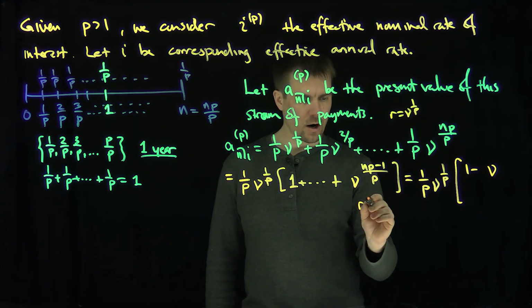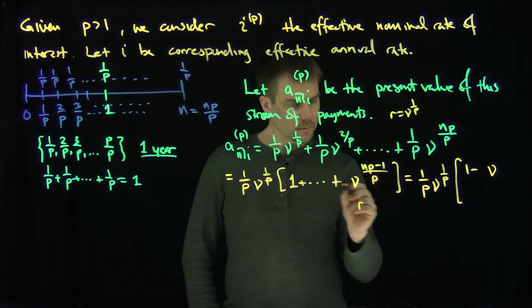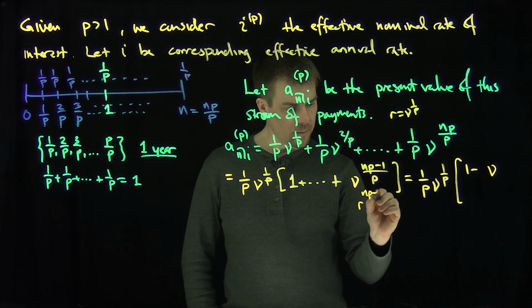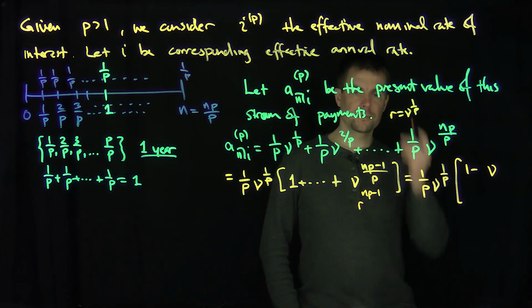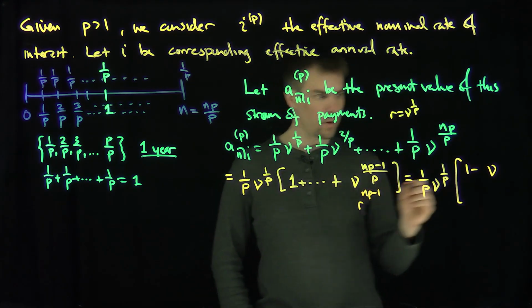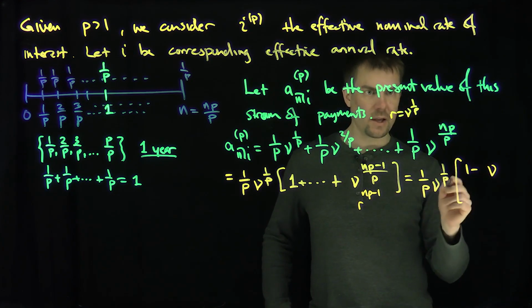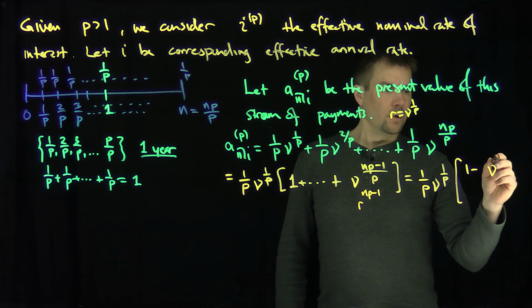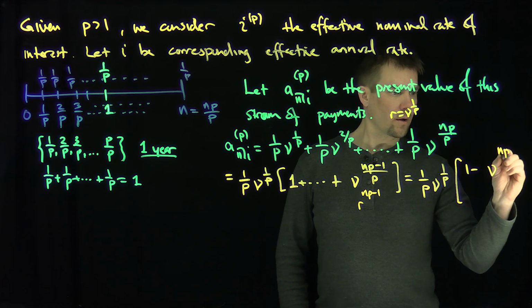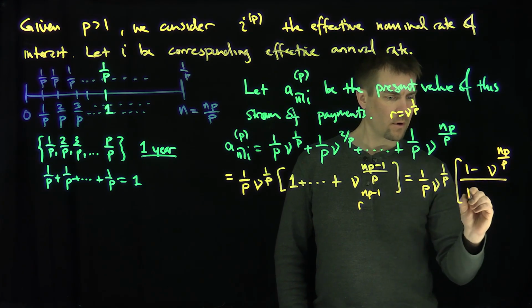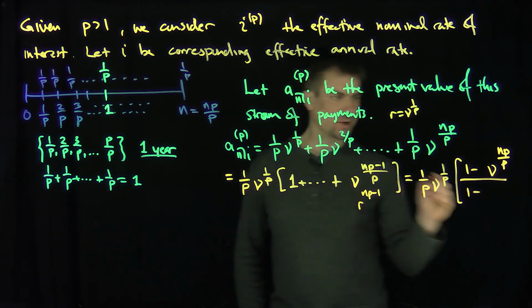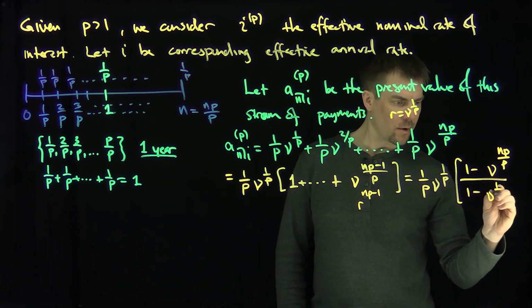So this is really like an r to the np minus 1. I increment that by 1 more, and I get an r to the np. So that's going to be nu to the np over p over 1 minus nu to the 1 over p, that common ratio.